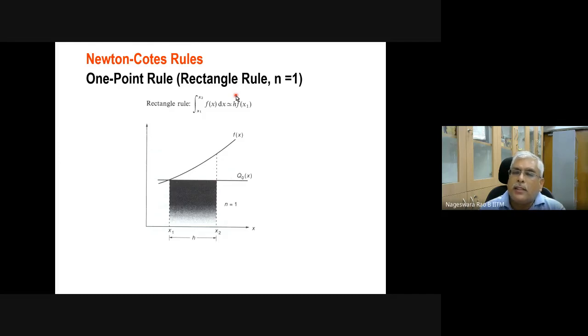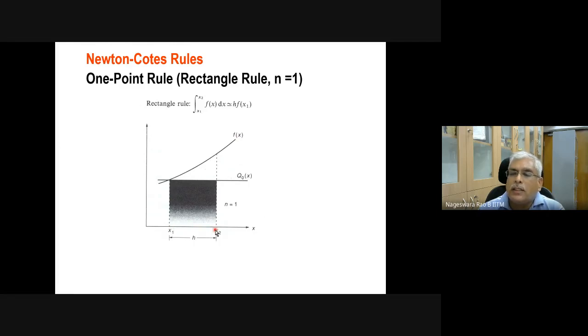Okay. So by doing this kind of approximation, what you are basically doing, actually your curve is this one, f(x), and you want the area enclosed by this curve between points x1, x2.